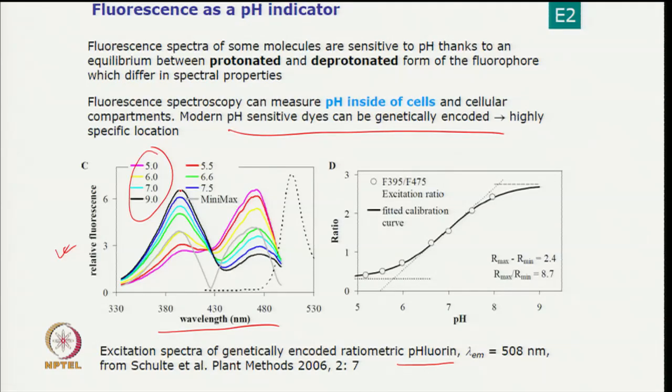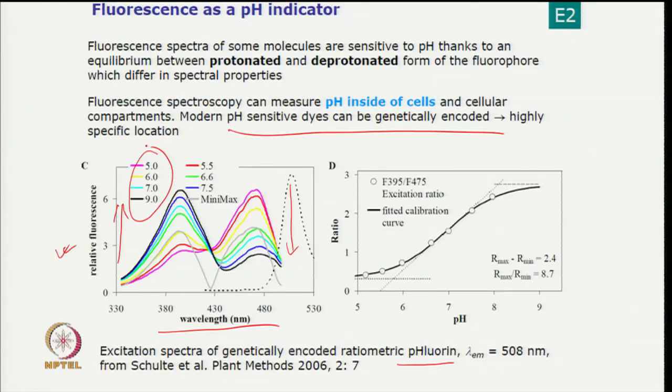So, if I increase the pH, this will increase, whereas if you look at here, this will decrease, and that is because with the change in pH, one form of the dye is going to another form of the dye.